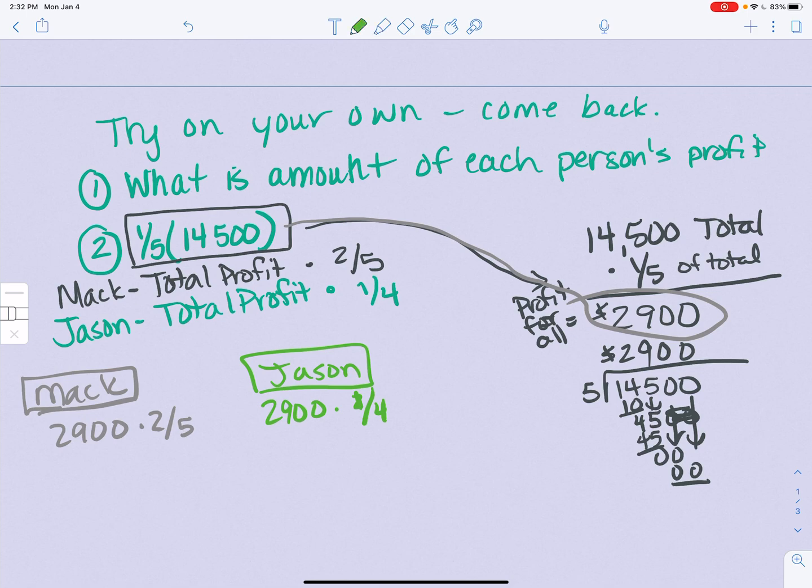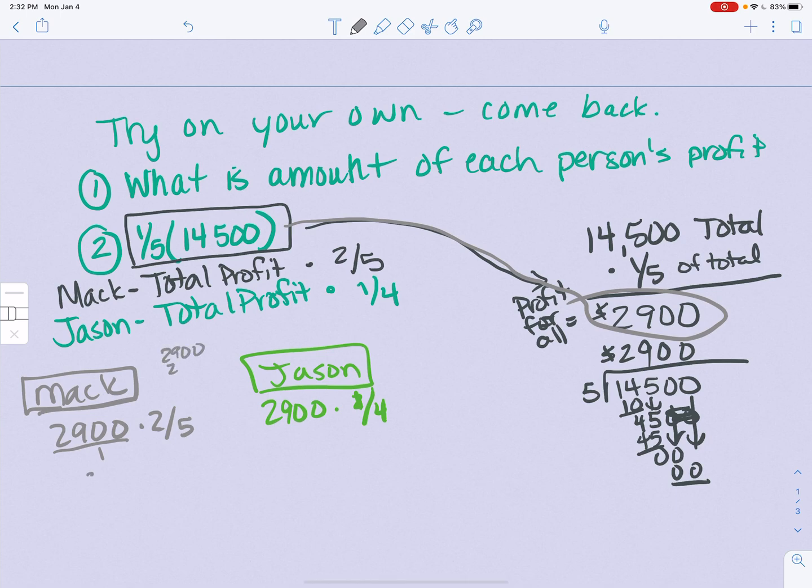So let's figure out how to do this. We're going to go back to gray. We're going to do 2,900 like we did on our earlier problems. We're going to put 2,900 over 1 and divide it by 5. So 2,900 times 2 is 5,800.